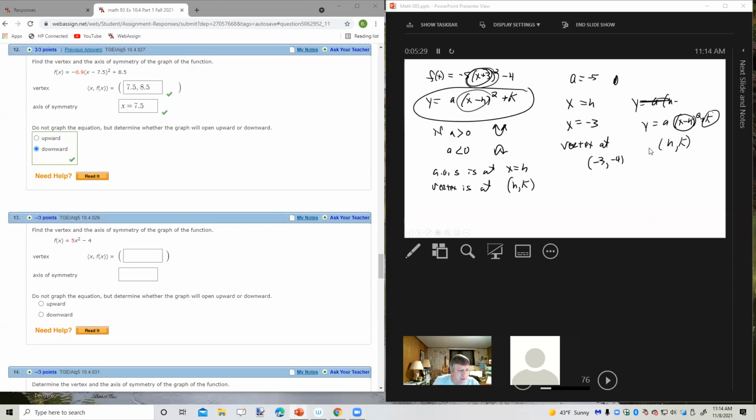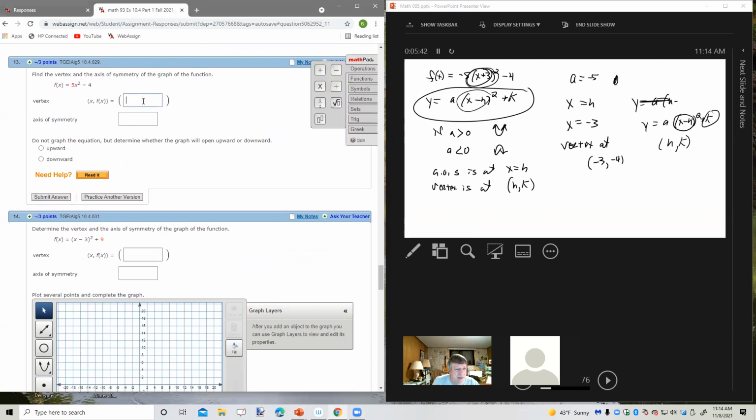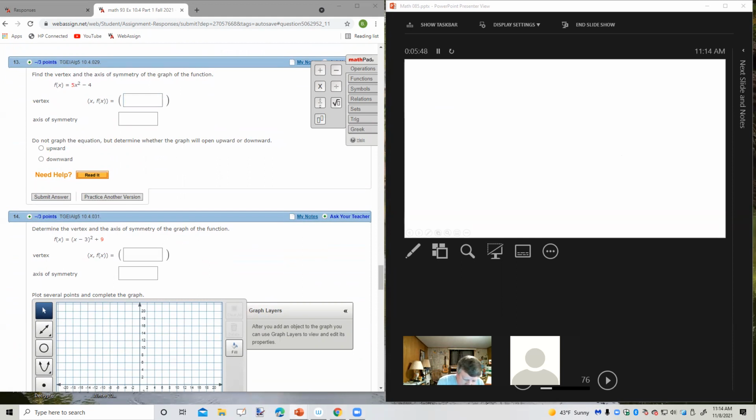So let's do this one. Where is the vertex? Well, what's inside the x squared? Think of it like this. Let's say f of x equals 5x squared minus 4. That's like 5 times x minus 0 squared minus 4.